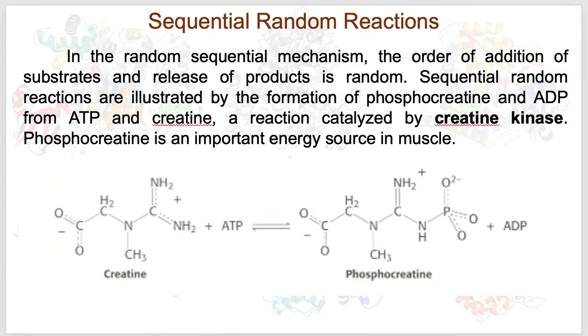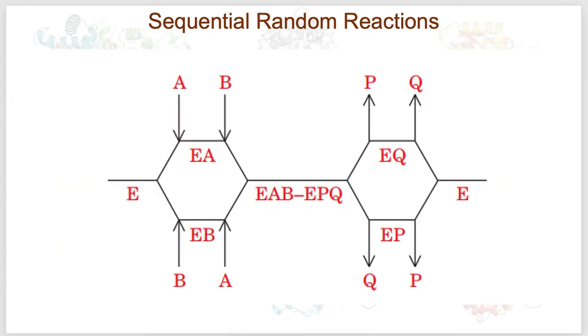Now let's move back to the sequential random reaction. In sequential random reactions, as I told you earlier, there is no order. Any substrate can bind first with the enzyme and any product can be released.